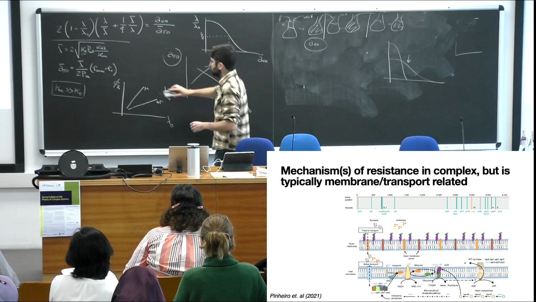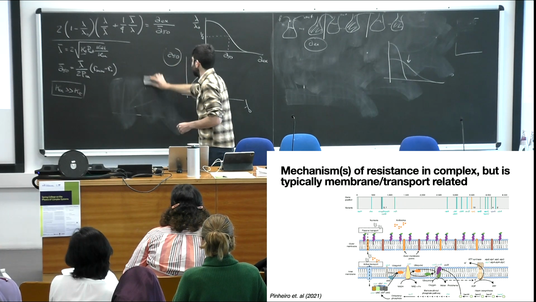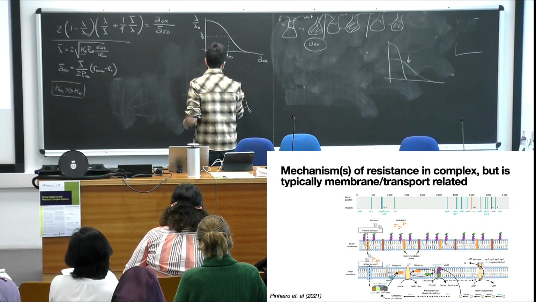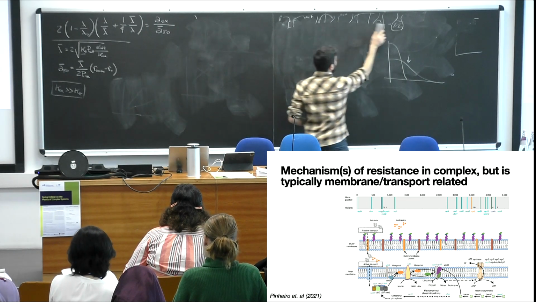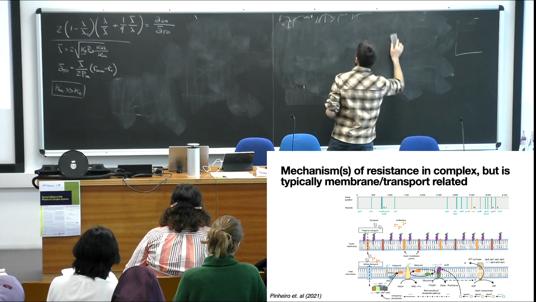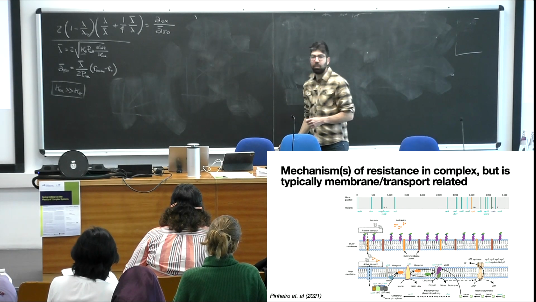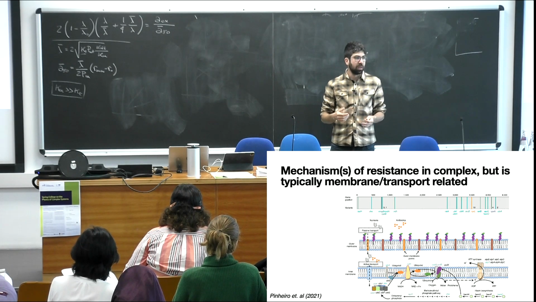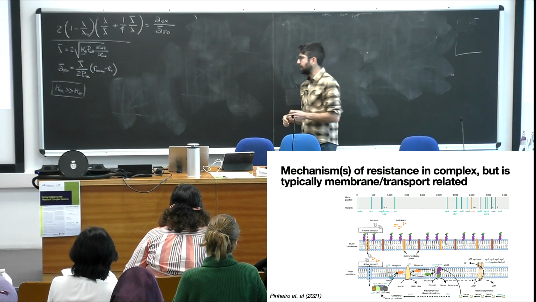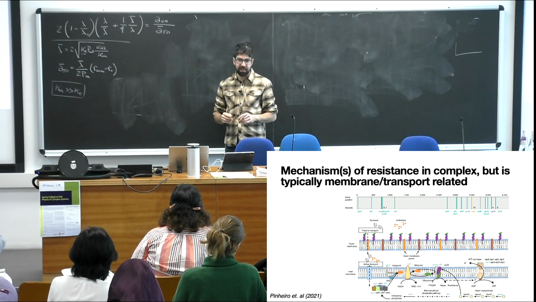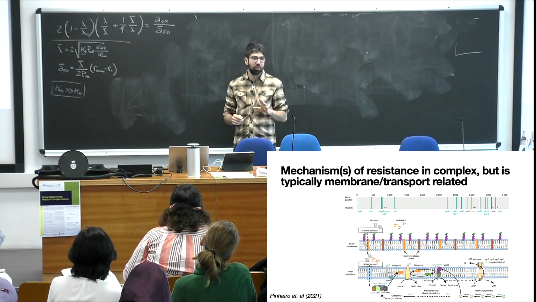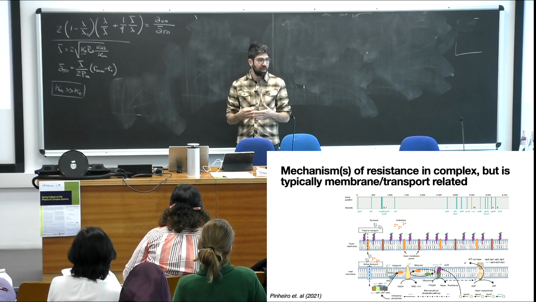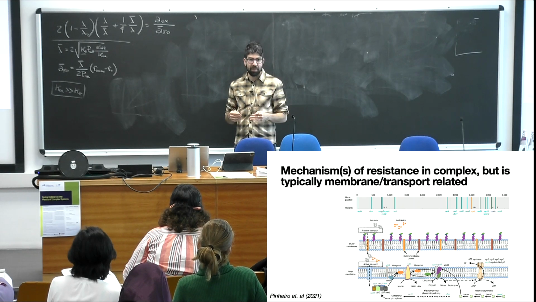Now, again, we are in a situation where in principle many things could happen. One could think of a very complicated model where everything can change. The point is that the message that I want to give you is simple. The first observation that we have is that most of the mutations of this mutant are related to the membrane.